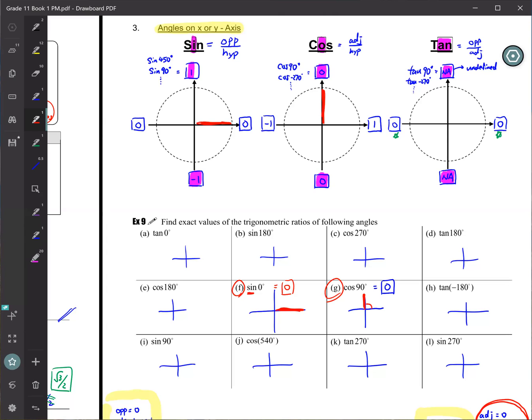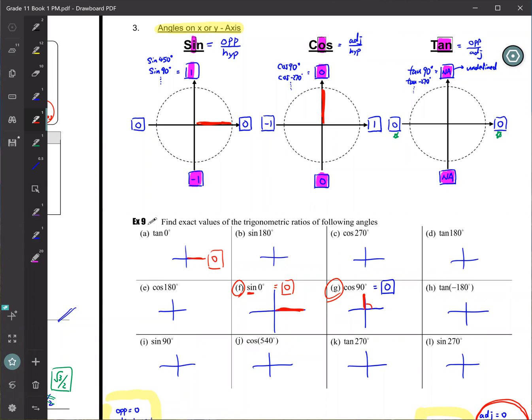Okay, Angela, question A. What's your answer? I got 0. Yep, very good. 0 degree will be here, will be 0. Okay, Jenny, how about B? Negative 180.